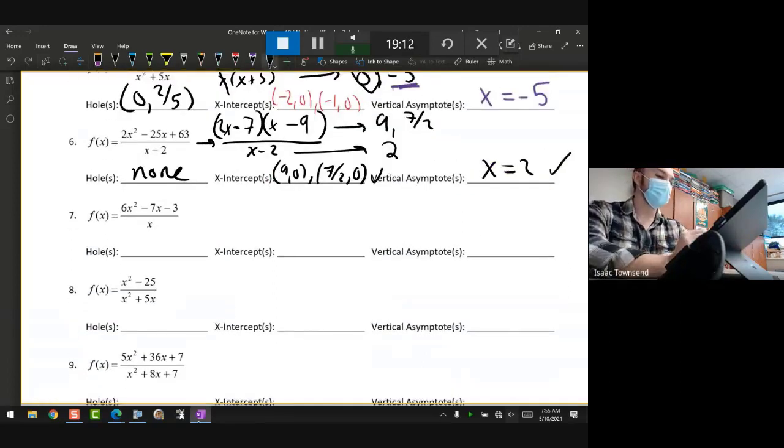Okay, so you try 7 and you do the factoring piece too. I'll give a little more time since you got to factor that numerator.